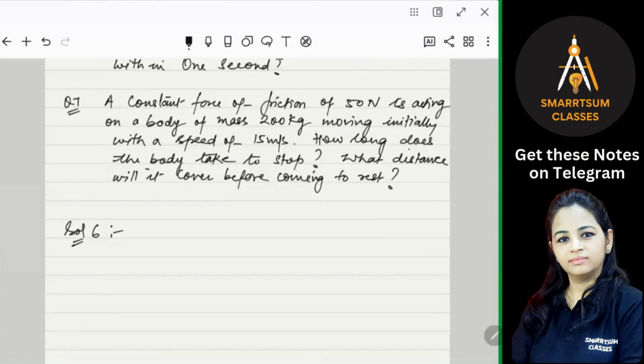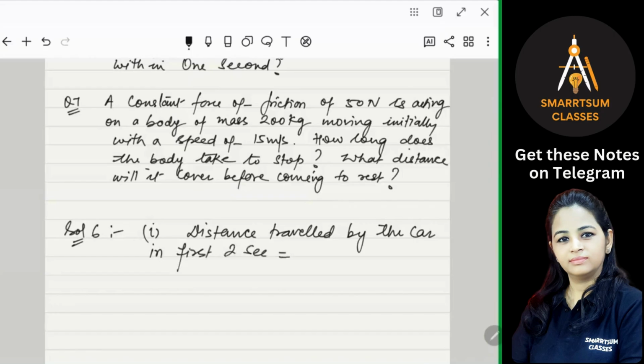So write down: distance traveled by the car in first 2 seconds.